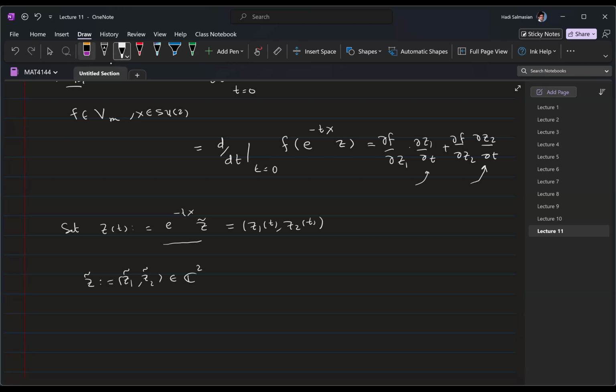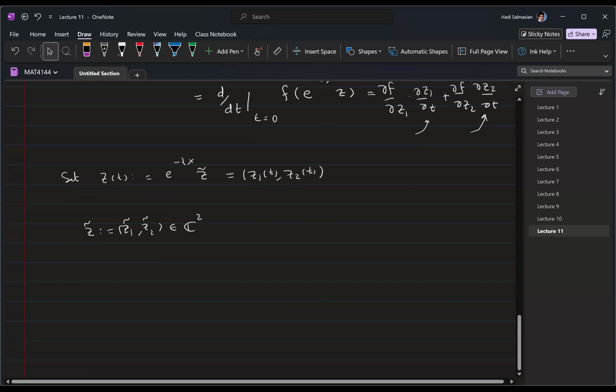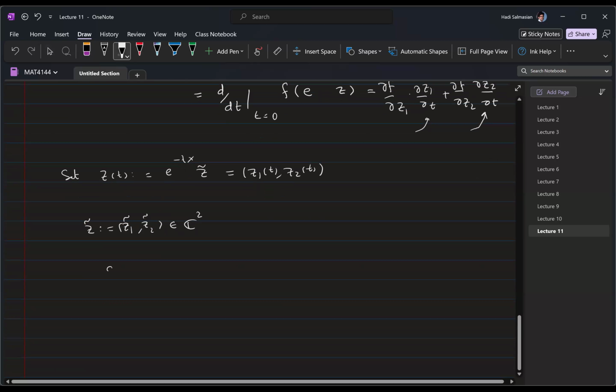Okay, so just right here. So dz/dt is minus x e to the minus tx z tilde, and I want to do this at t equal to 0.